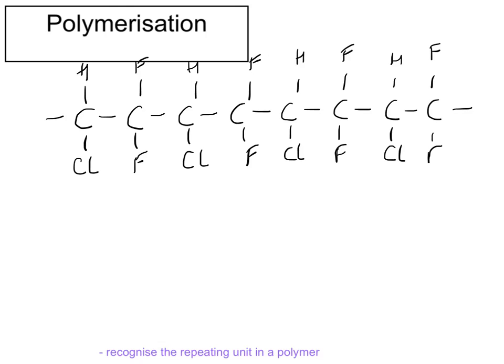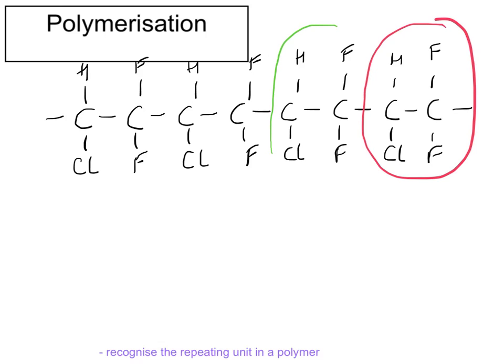You can clearly see that the repeating unit here is either this, or it is this. Or it is this here. So you've either got the F and F on the left-hand carbon or the F, F on the right-hand carbon.